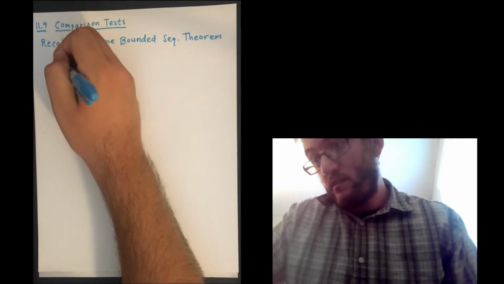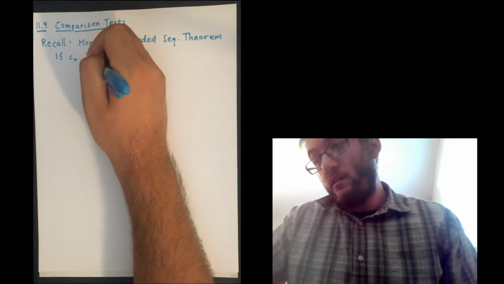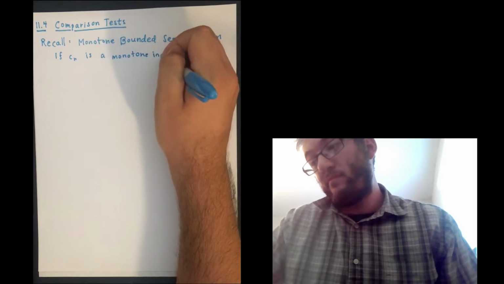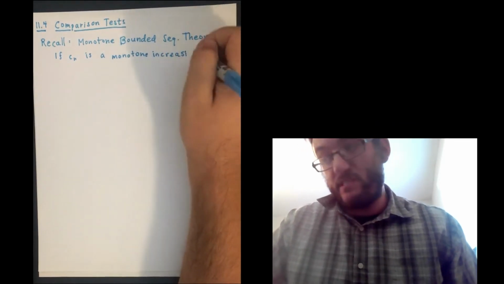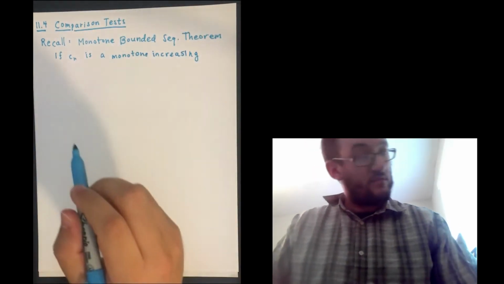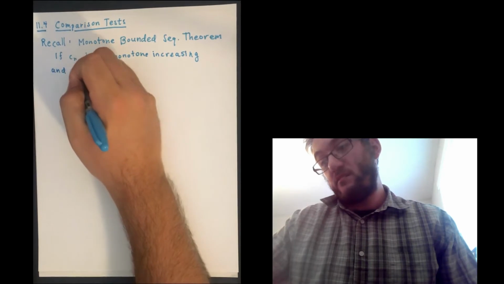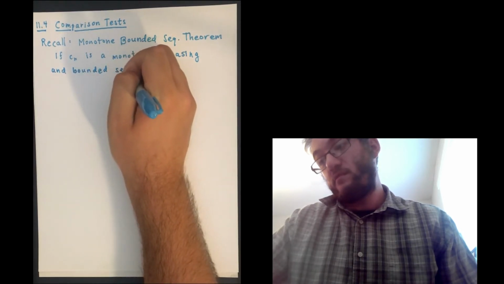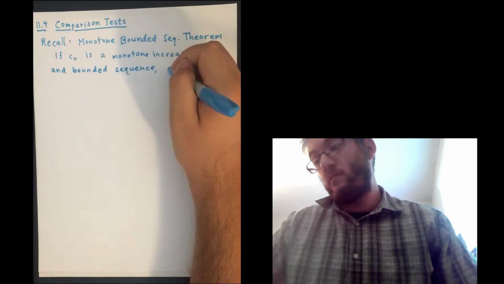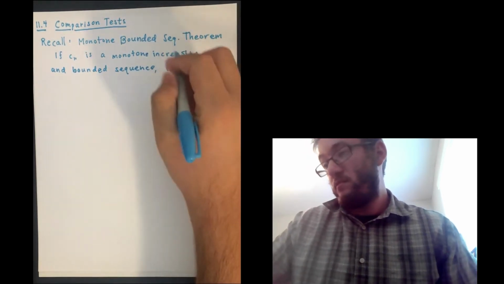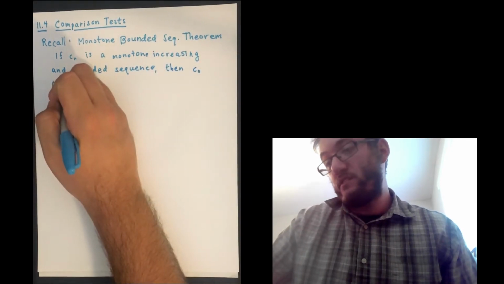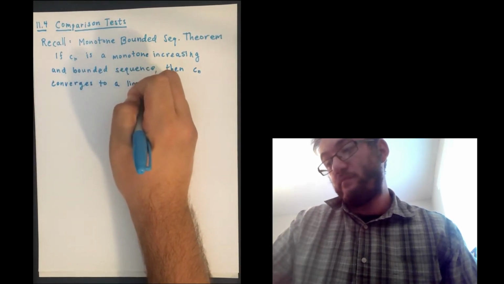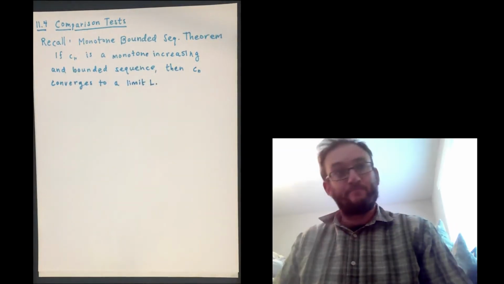Okay. In formal terms, if Cn is a monotone increasing, obviously the same could be said for decreasing, but we're using increasing, and bounded sequence, then Cn converges to a limit L. Okay.